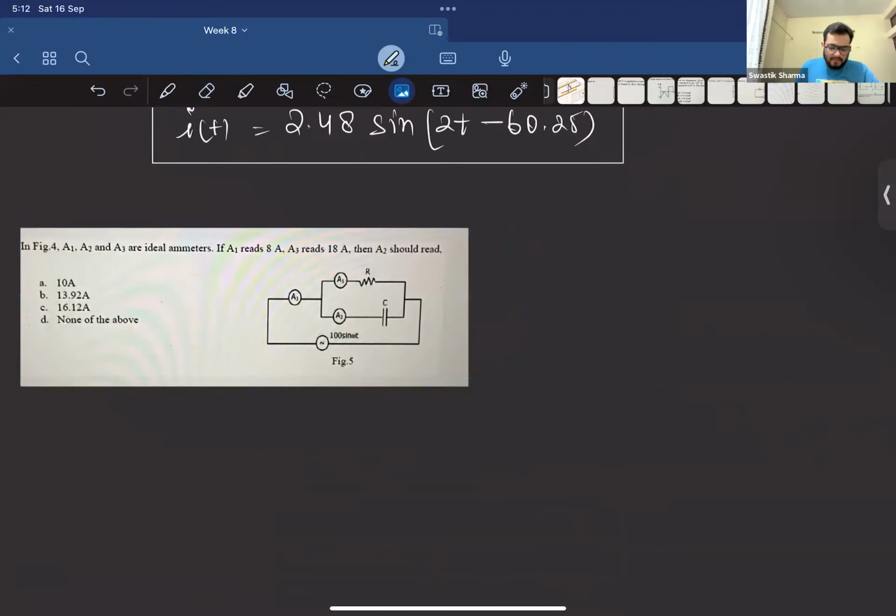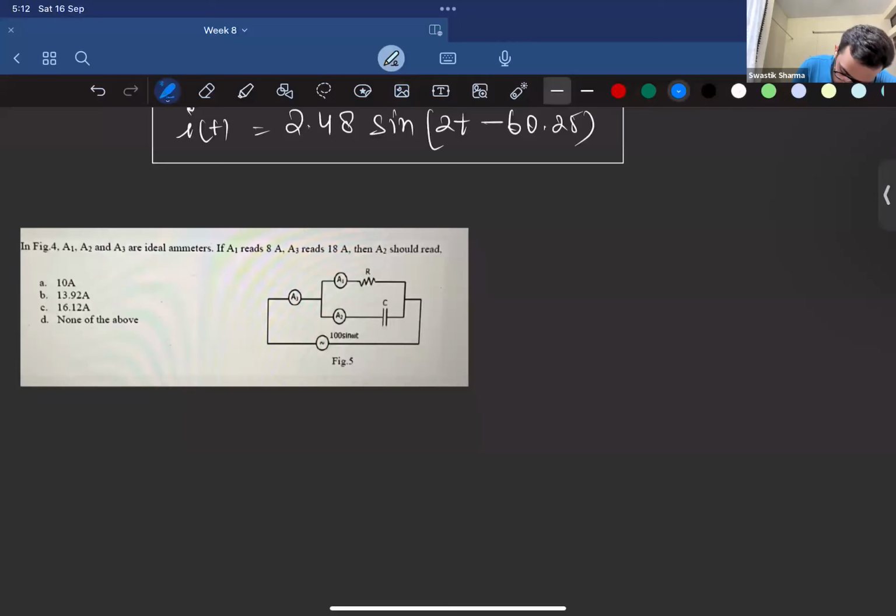So here it says that A1, A2, A3 are ideal ammeters, and the value of A1 is 8 ampere, and the value of A3 is 18 ampere. So it's asking what is the value of A2.